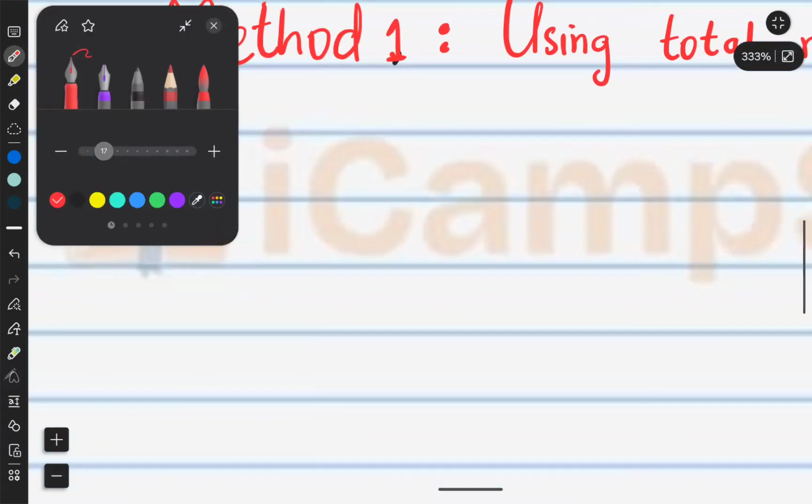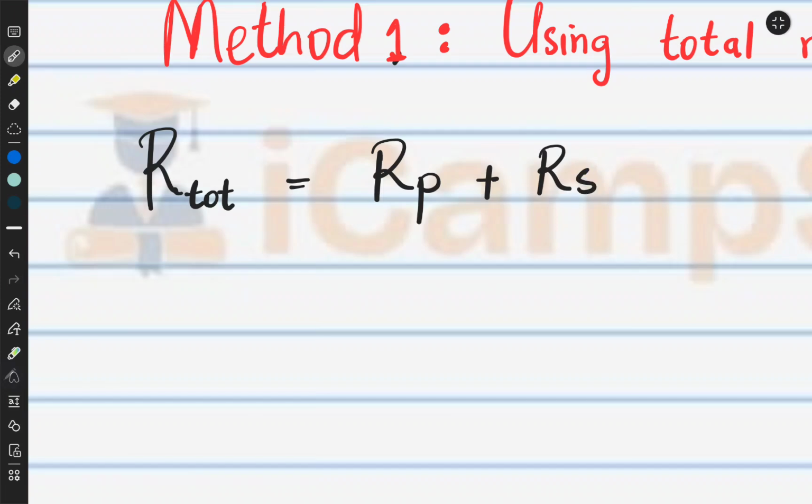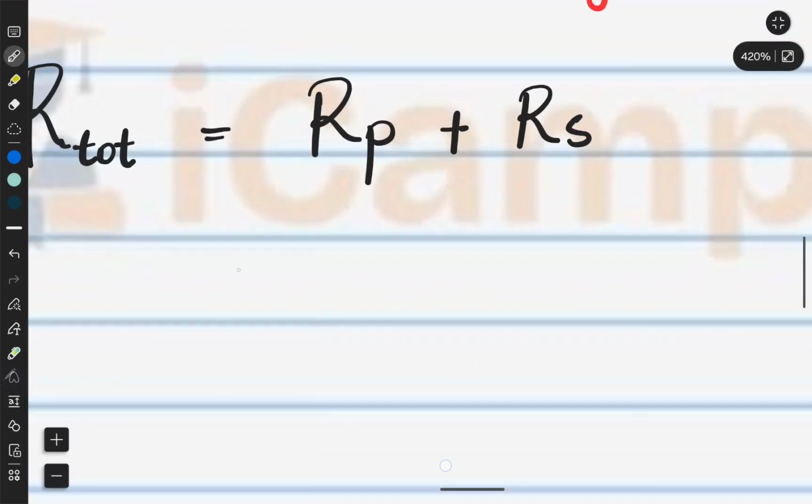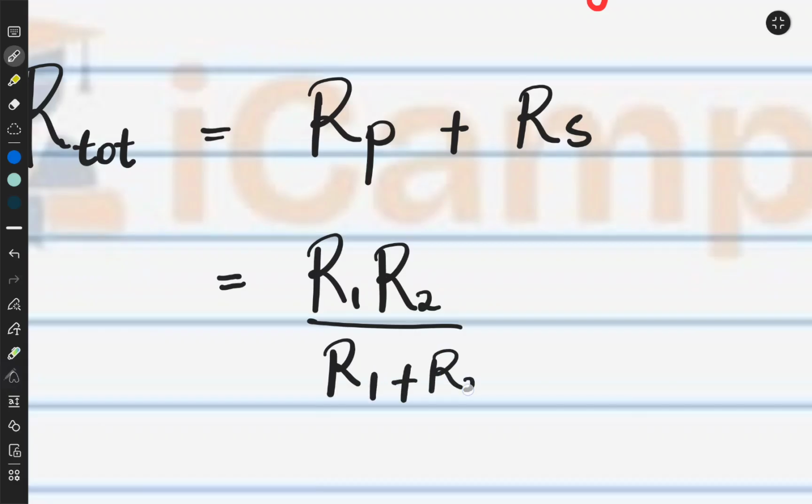Total resistance, we can say that R tot is equal to the parallel combination plus the series combination, right? Now what's the parallel combination? Since there are two resistors in parallel, we can simply say R1 times R2 over R1 plus R2.